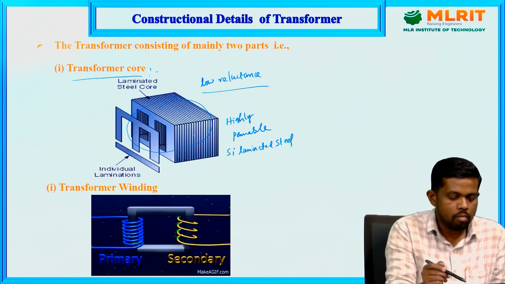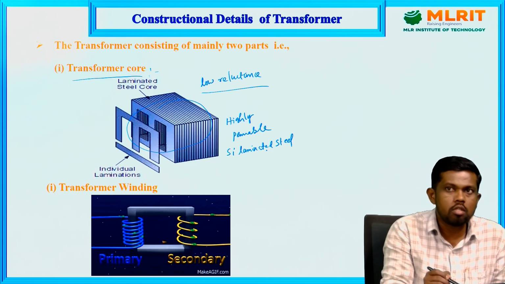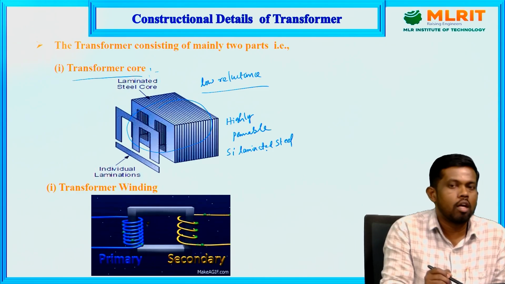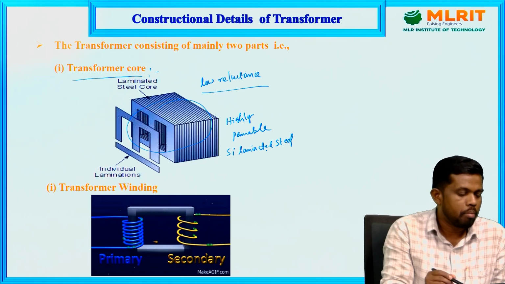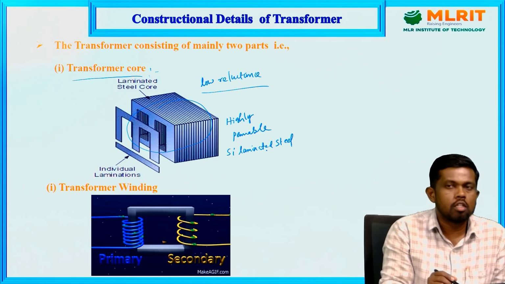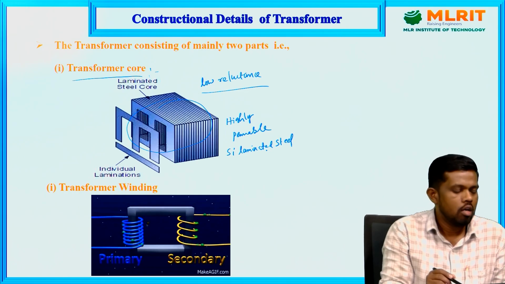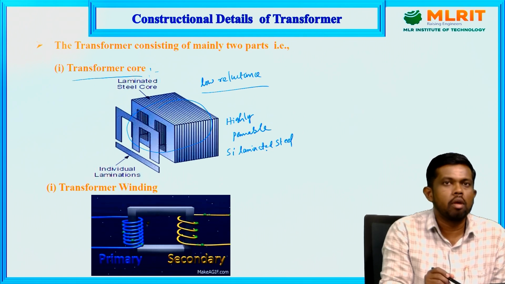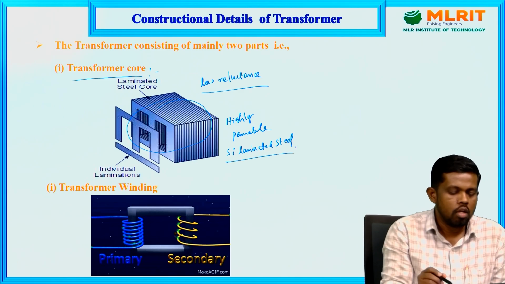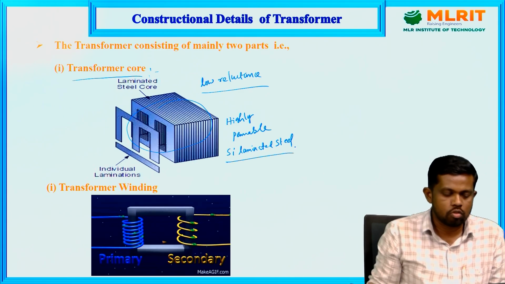So why should we prefer laminated steel? We would like to reduce the core loss of the transformer. So this is about the transformer core. The transformer core is a wire media support to the transformer winding, and it provides a low reluctance path to magnetic flux linkage. Based on this reason, we make the transformer core with a highly permeable material, that is silicon steel. So that is about the core of the transformer.